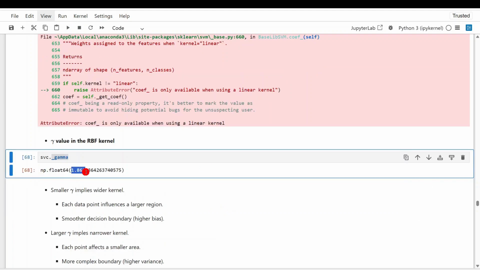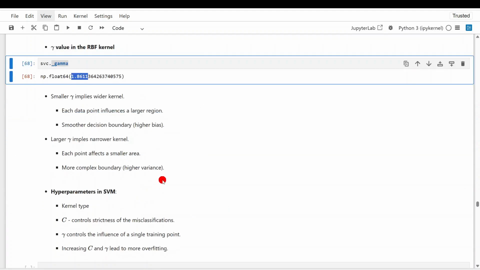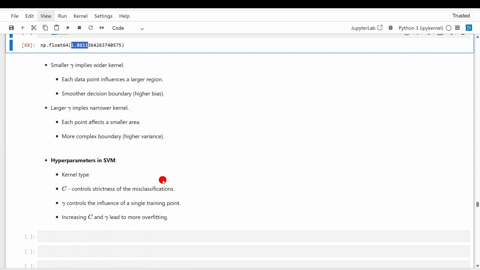It is 1.86, and if gamma is small, it implies the kernel is wider. That means each data point influences a larger region. In that case, the decision boundary is going to be smoother, but such a smooth decision boundary could introduce a higher bias.